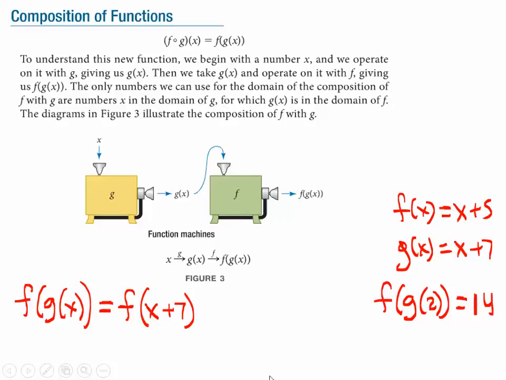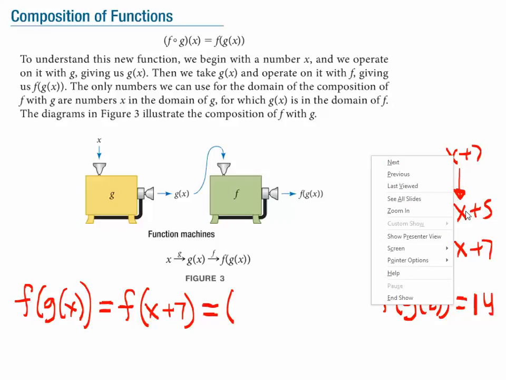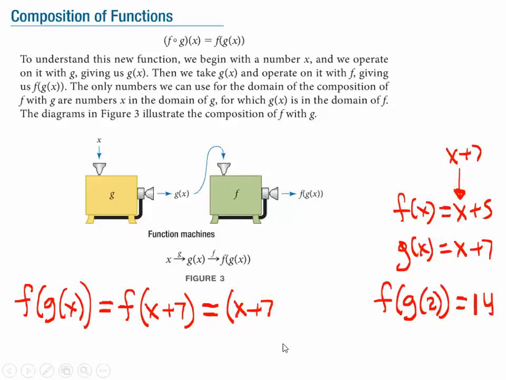So see how this works here. Again, the f function is x plus 5. The input is x plus 7, so it's going to look like this. We're going to plug in x plus 7 for this guy. So how about x plus 7 plus 5? Good there? There's my variable that used to be x for my f function. And as I simplify it, notice what I get. I get x plus 12.